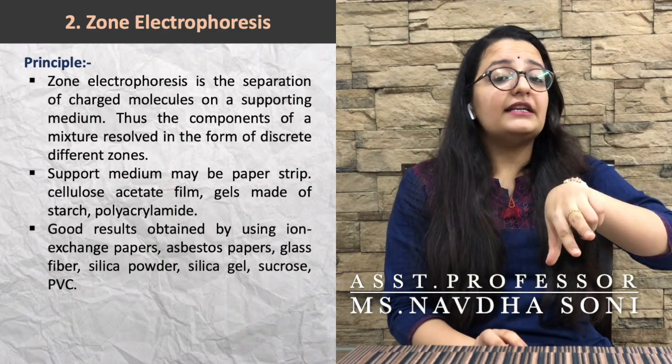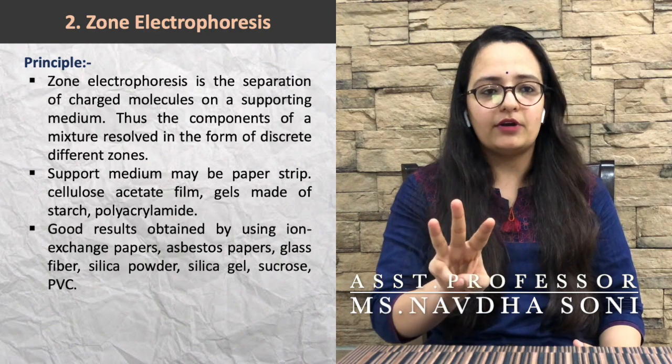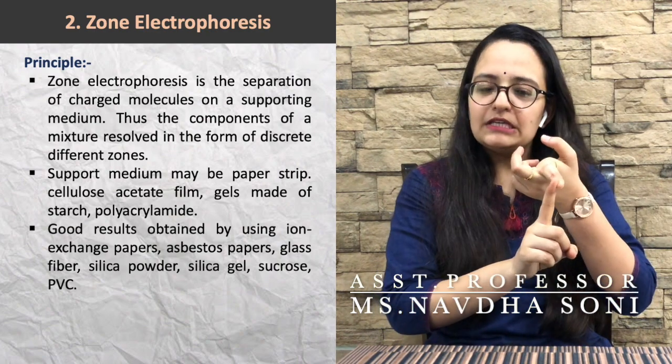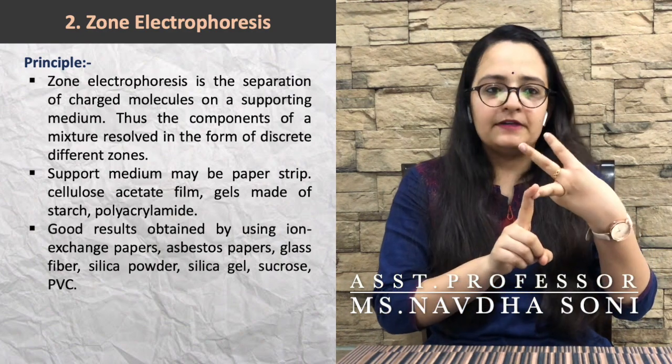The next method is zone electrophoresis, which generally has three components: first, the supporting medium; second, electrodes and voltage; and third, buffers.